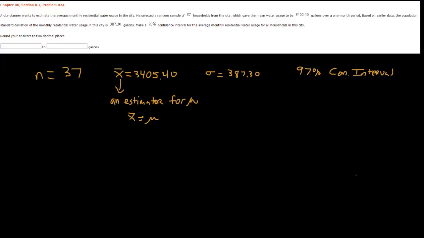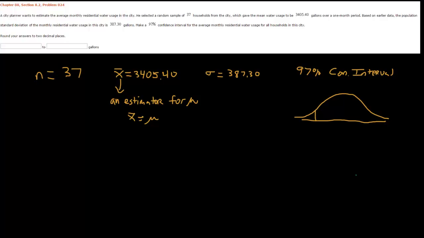Or if you can't remember them, it's no big deal. You can always construct them on the fly, like I'm about to do, because to be honest with you, I've forgotten which z-value is associated with a confidence interval of 97%. But here's how you go about doing that.